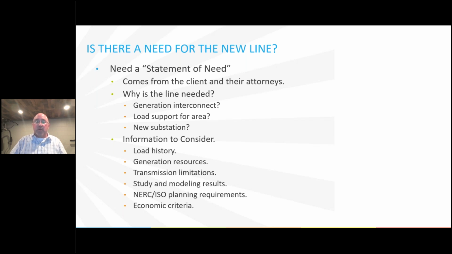The transmission developer must provide factual information in the form of written text and tabular information that describes the planning basis and criteria used to determine the need for the proposed transmission line. It's very important if the project is anticipated to be controversial.